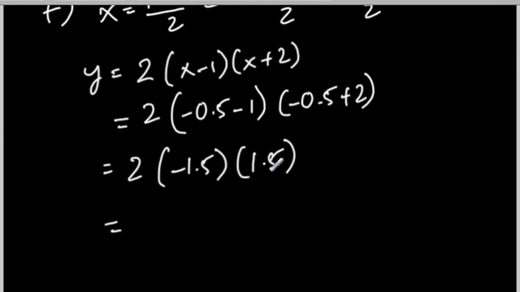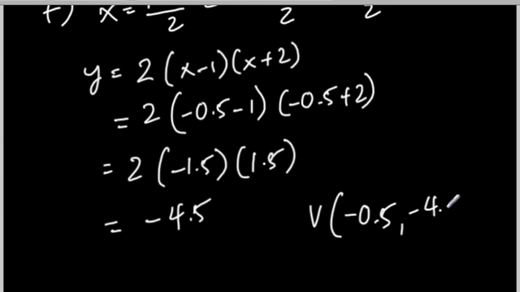So that's going to be 2 times negative 2.25, so it's going to be negative 4.5, if I'm not mistaken. Let me just double check. Yes, that is correct. So our vertex is going to be negative 0.5, which is the x-coordinate, and the y-coordinate, which we just found, is negative 4.5, and that's our solution.